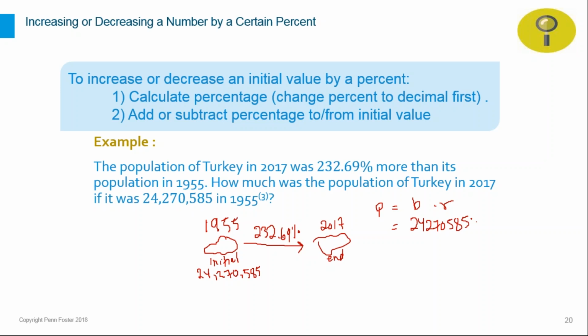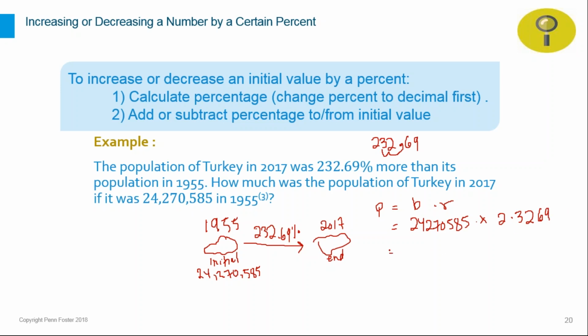Remember with the R, we had to switch it to the decimal value. Since the R here is 232.69, I need to divide over 100, so the decimal value of this percent is 2.3269.